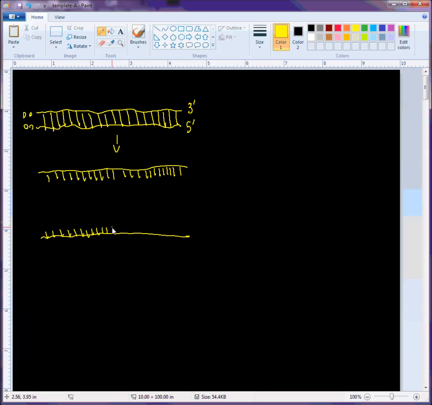And it might be quicker for me not to draw these little nucleotides on here. Okay, so we're going to need an RNA primer right here. And then we can synthesize or replicate this strand, copy this template here.